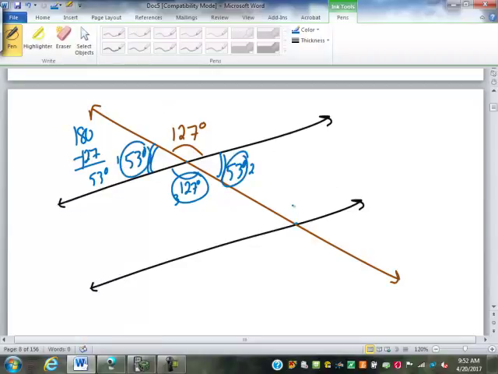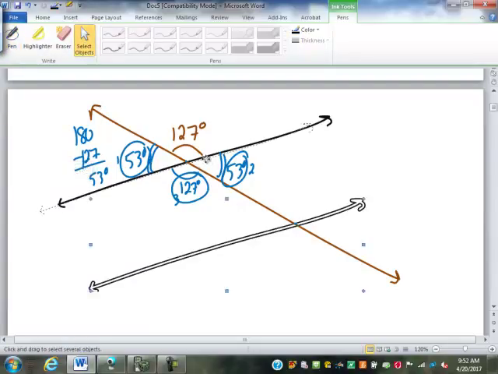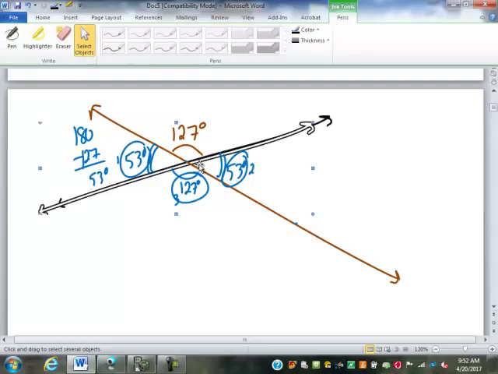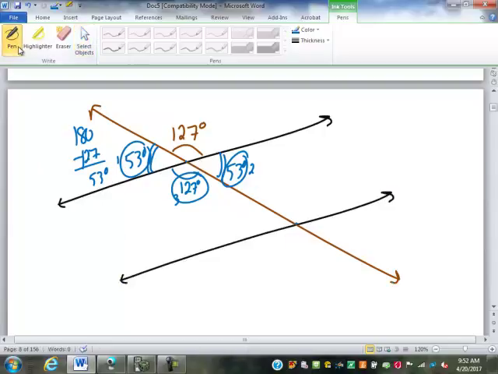Now, if we go down here, some of you probably already know this, but basically, if I slide this line up, those angles lay right on top of these angles. So to slide this down, this angle here has to be 53. This one has to be 127. This one has to be 53, and this one has to be 127.